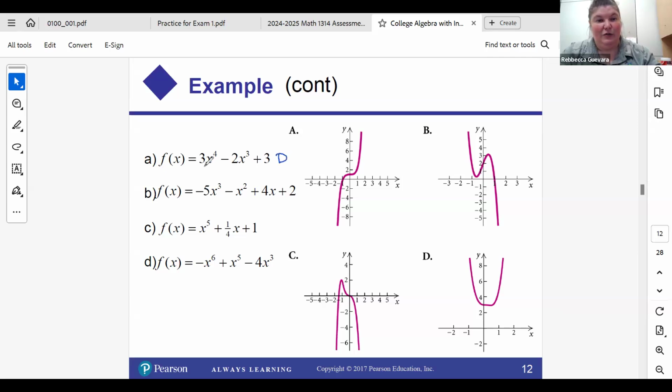Because of the leading term, B should look like this, so this would be B. For C, because of that leading term, we know it should look like this kind of shape, so we see that A matches that. And then for D, we know this is going to be that parabola again, but now it opens down. So we see C matches this one.